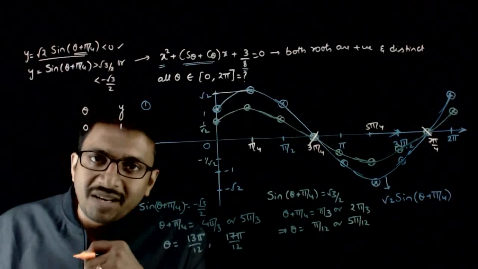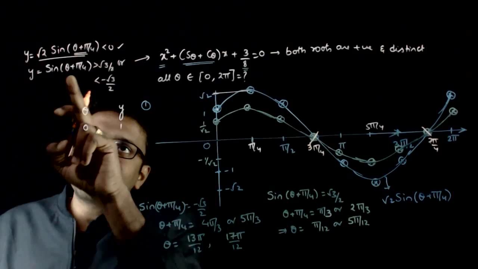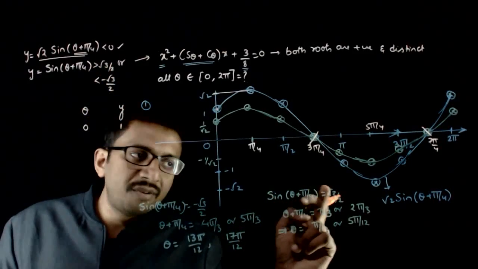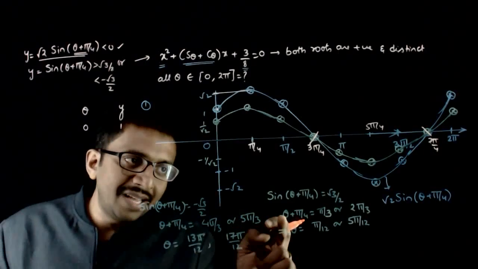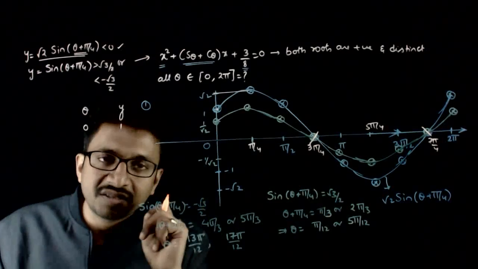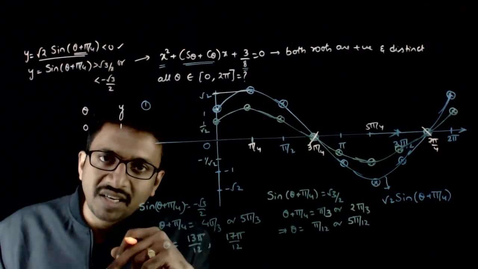Next, sine of theta plus pi by 4 has to be greater than root 3 by 2 or less than minus root 3 by 2. So first let us see where sine of theta plus pi by 4 is equal to root 3 by 2. That implies theta plus pi by 4 is equal to either 60 degrees or 120 degrees. Root 3 by 2 corresponds to 60 and 120 in the first and second quadrants.